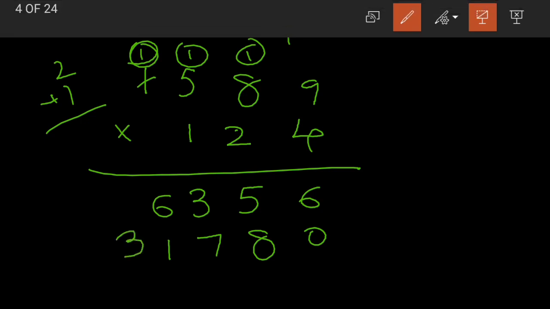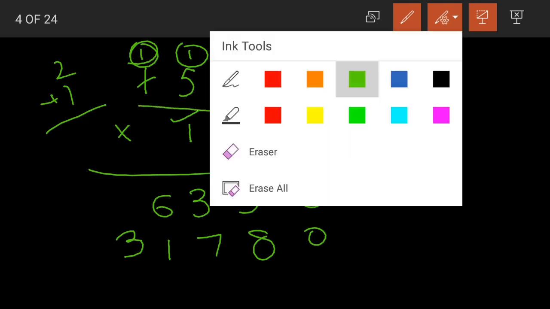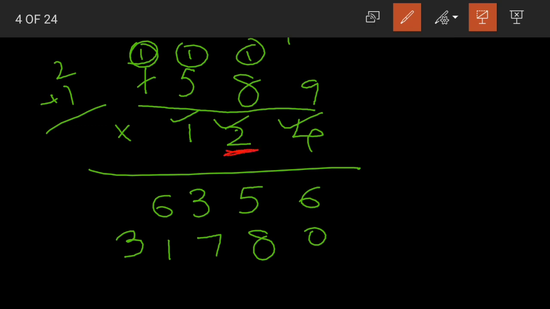Dear children, we have done the ones place and tens place. Now we need to do the hundreds place. We need to multiply 1, which is in hundreds place, with 1589. Now if you look at this, after 2 we are having one digit. How many digits children? One digit. So we placed 0 here.